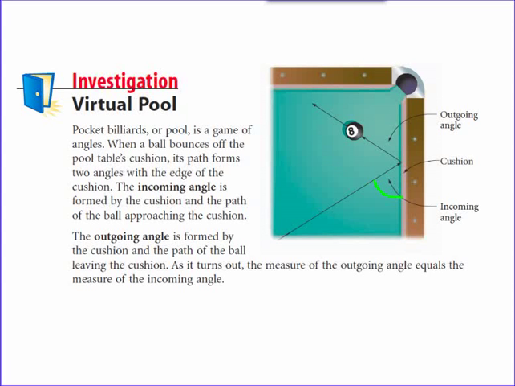The outgoing angle is formed by the cushion and the path of the ball leaving the cushion, right here. The measure of the outgoing angle equals the measure of the incoming angle. So if the incoming angle is 60 degrees, the outgoing angle will be 60.